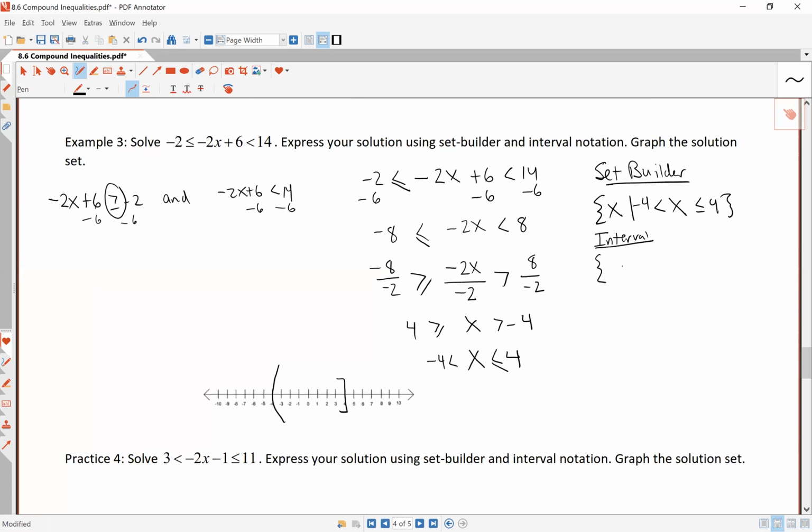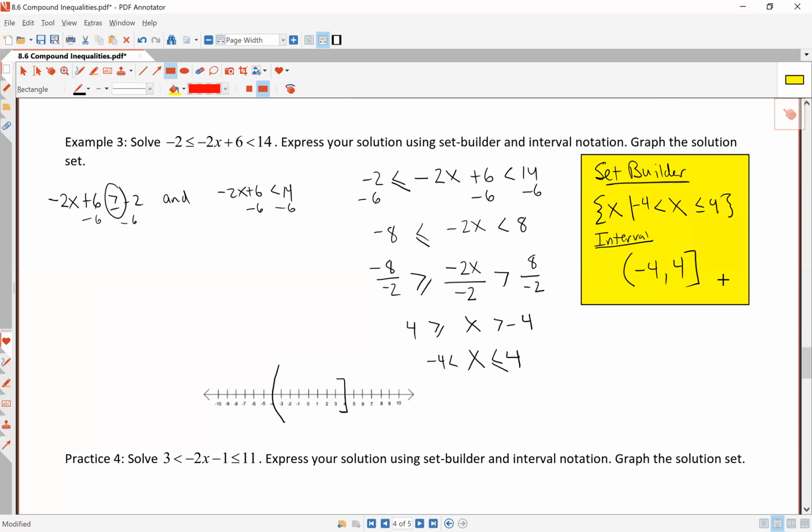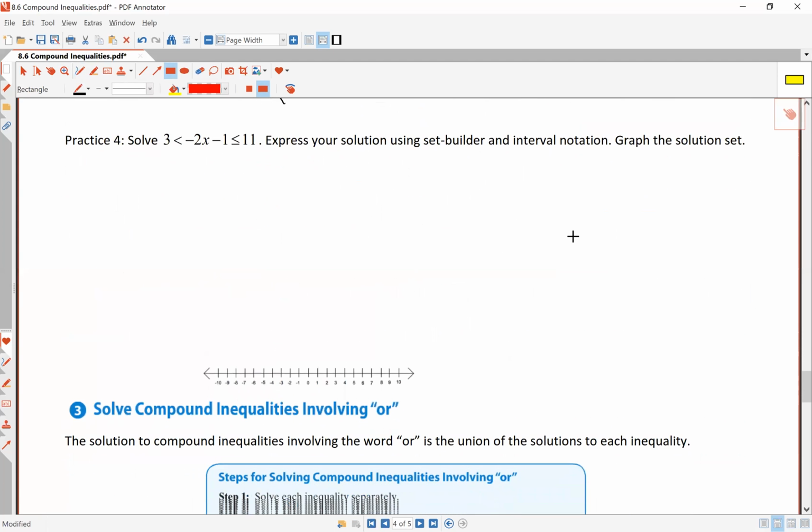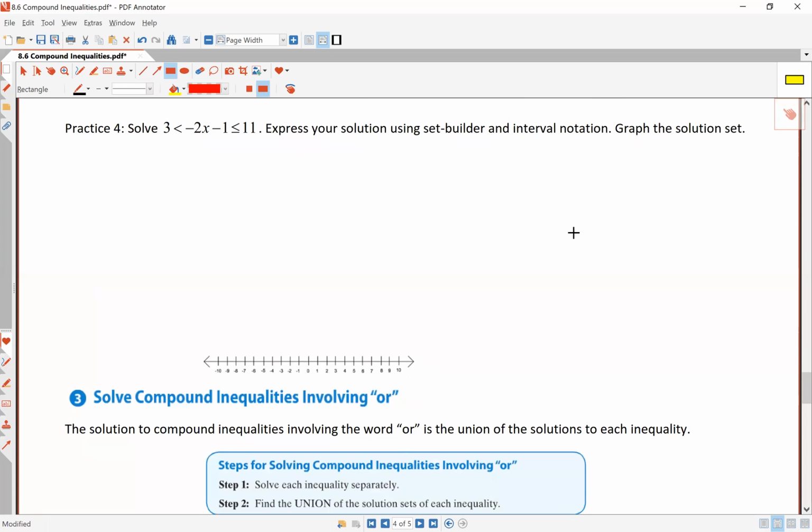In interval notation, we have from -4 to +4, including 4. And this leads me to practice 4 for you to try. I encourage you to press pause on your video and work this out and come back when you're ready to see the solution.